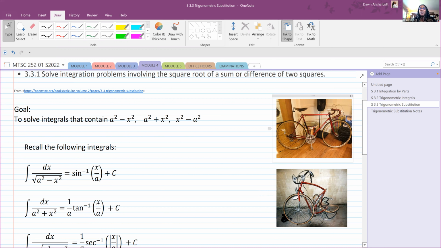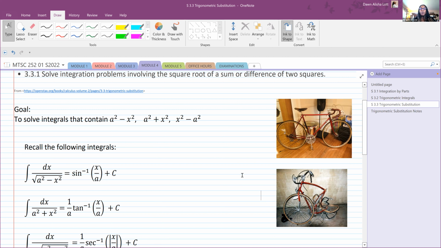So if I let you borrow my bicycle, I want it back exactly the same way I gave it to you. Do not give me a bicycle that looks different. I want it to look exactly the way I gave it to you. The reason why I have this picture here is because all the problems are going to be given to you in the variable of x.